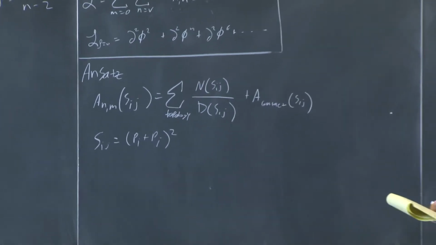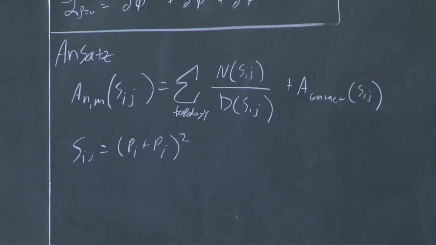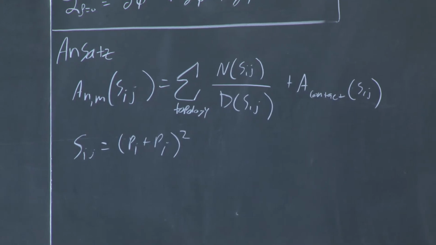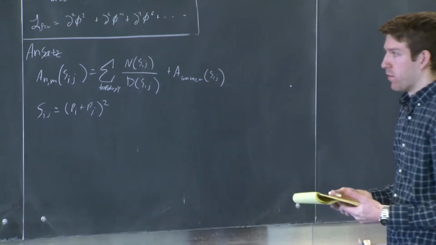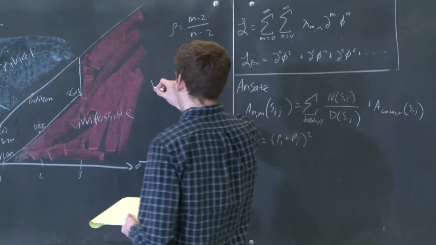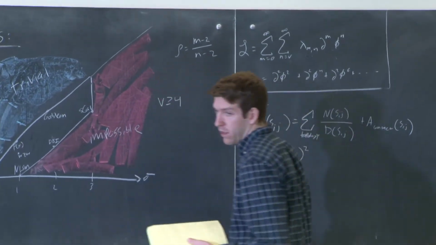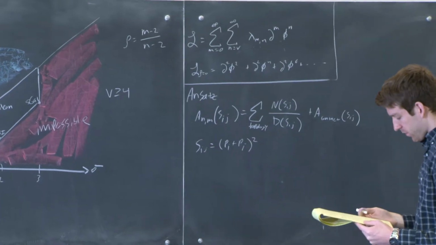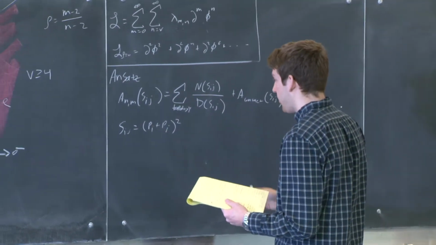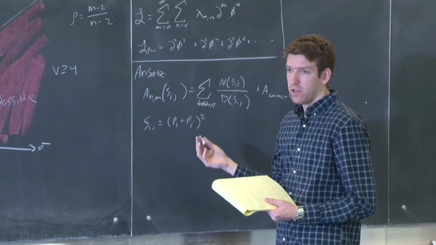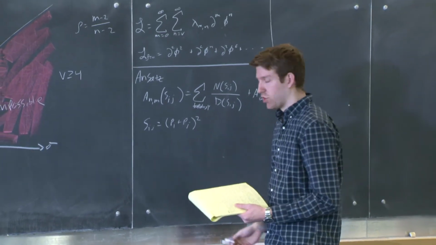And a couple details here. In a derivatively coupled theory of scalars, you can always make a field redefinition to remove a cubic vertex. So the minimum v we'll consider is v greater than or equal to 4. Okay. So this amplitude must factorize if one of the internal propagators goes on shell.